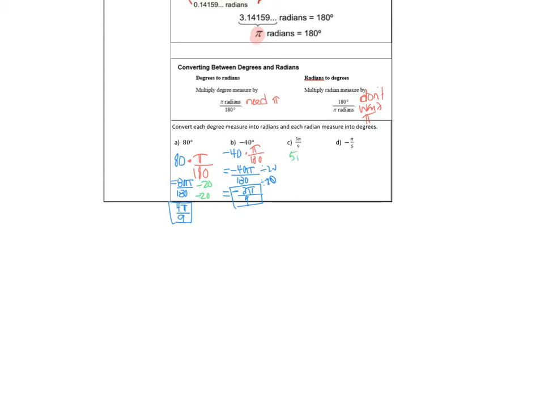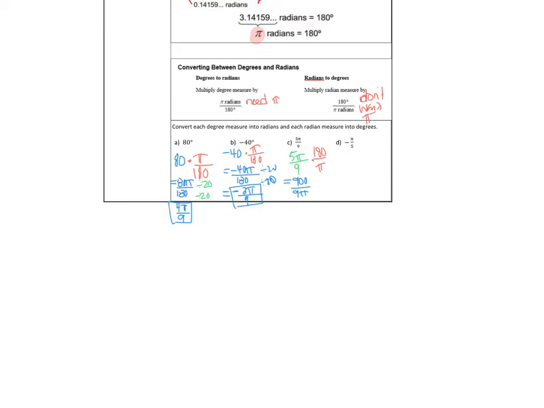Since it has pi, we want to divide out the pi and multiply in the degrees, the 180. And we multiply straight across. So 5 times 180 is 900. So I must put pi on top, and 9 times pi.